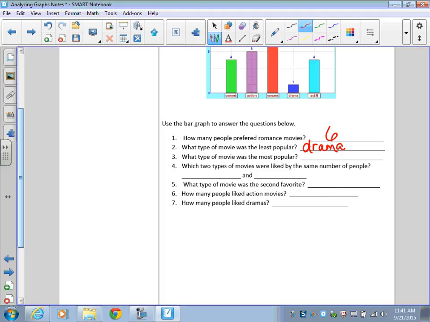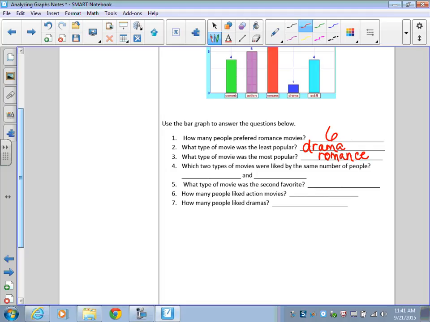What type of movie was the most popular? Again, romance. You're looking at the red bar. It's the largest bar, so that type of movie was the most popular.